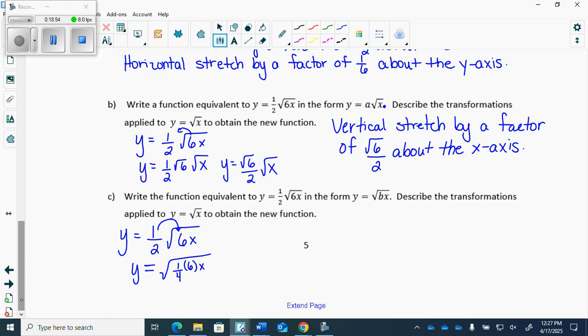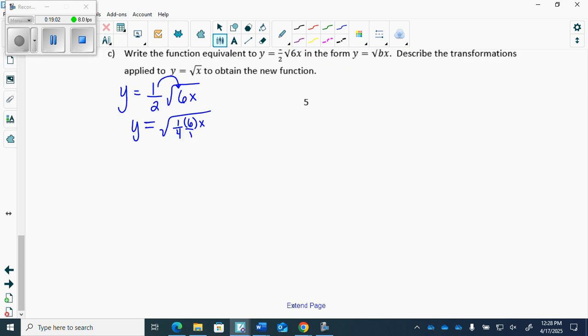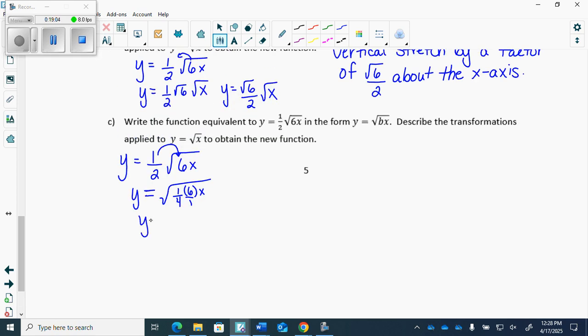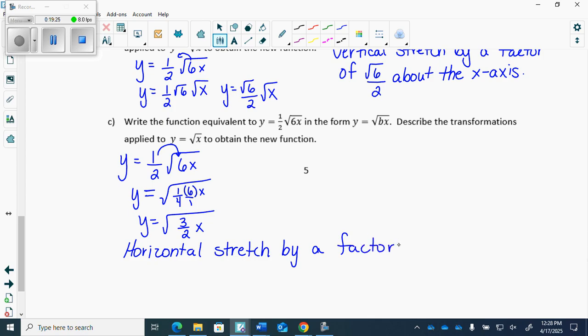If you're doing fractions and you don't remember how to multiply them, put the other number over 1, because then it stops people from trying to distribute it to both numbers. So you get 6 over 4, which reduces to 3 over 2 x, and your horizontal stretch always flips. So we get a horizontal stretch by a factor of 2/3 about the y-axis.